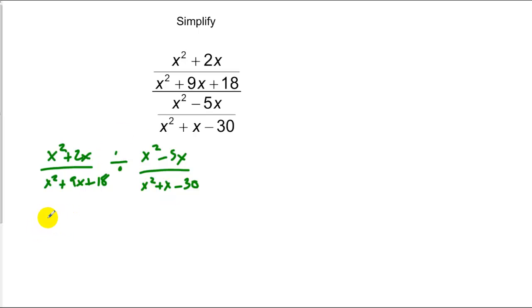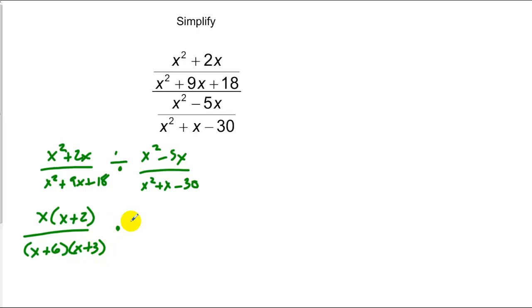Multiply by the reciprocal, and I'm going to factor while I'm at it. So I pull out a GCF of x in the first term, x plus 2. Second term, what multiplies to 18 adds to 9, that's x plus 6 and x plus 3.